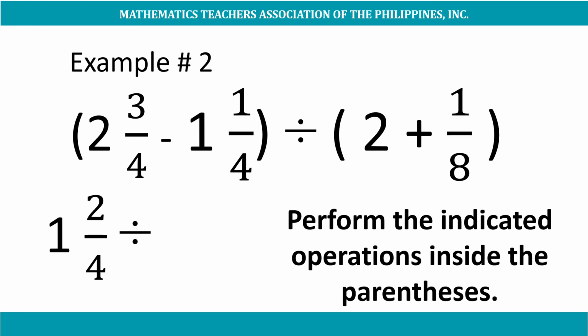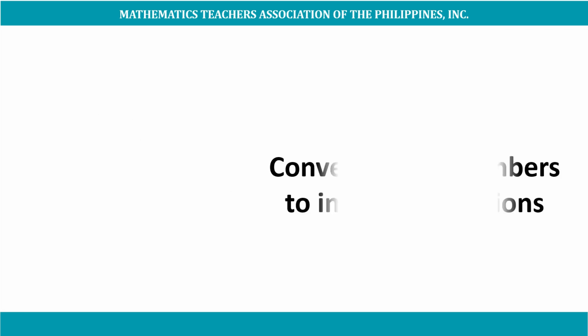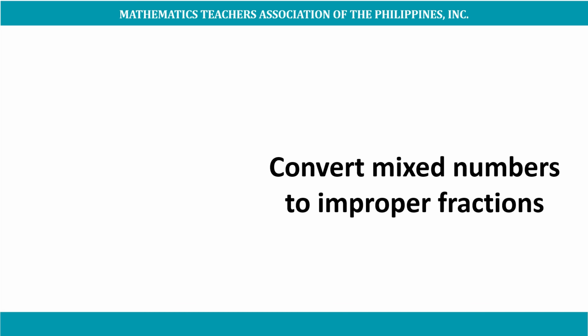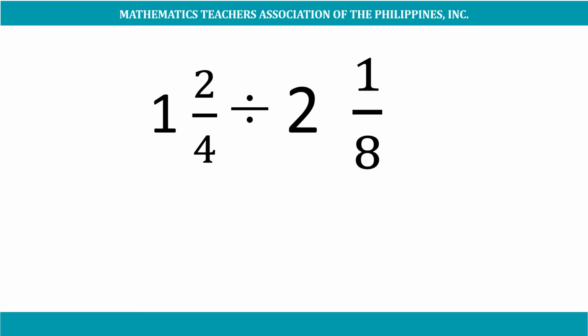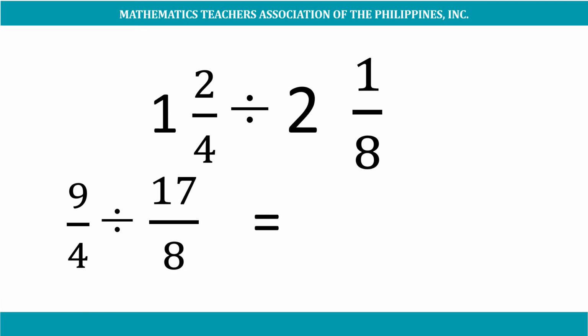Then, 2 plus 1/8 is equal to 2 and 1/8. Then, convert mixed numbers into improper fractions. So, 1 and 2/4 is equal to 9 over 4 and 2 and 1/8 is equal to 17 over 8.